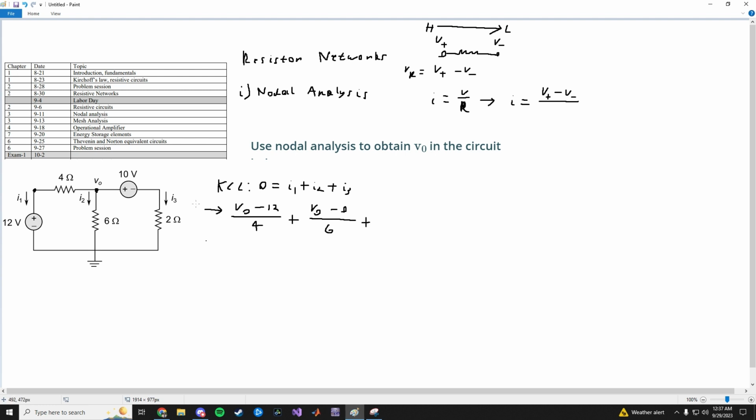Plus I3, we're going this way, so at this point it's V0, the unknown voltage, and then we hit 10, and then we hit 0, divided by 2. So it's going to be V0 minus 10, minus 0, all divided by 2. And remember, this whole thing is equal to 0.